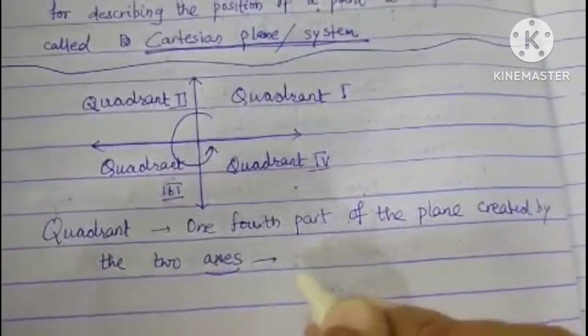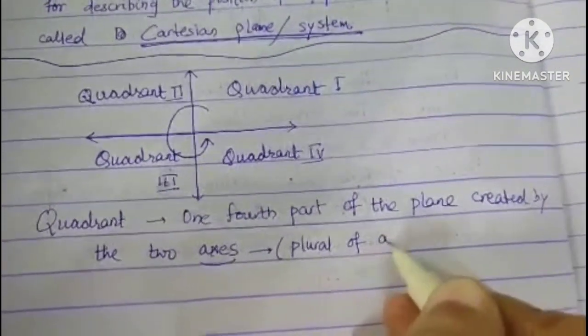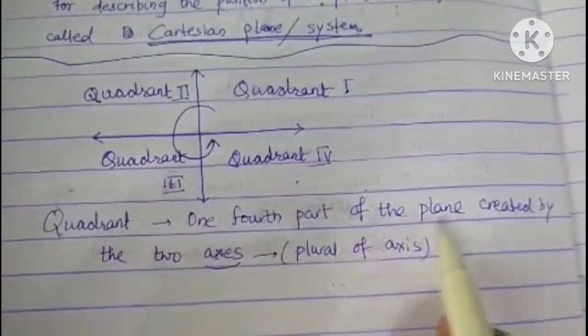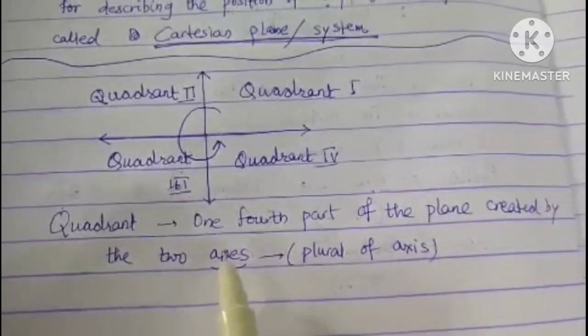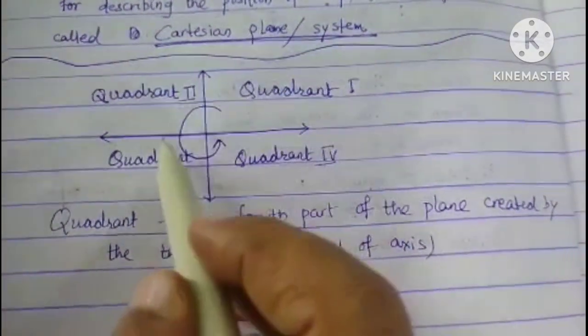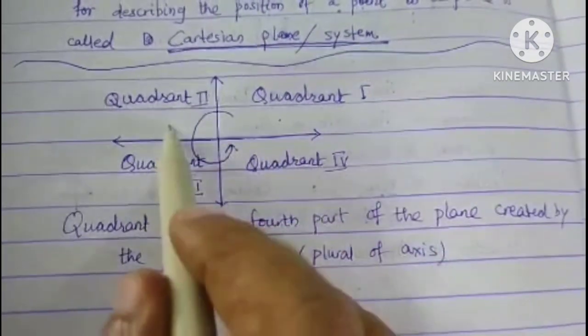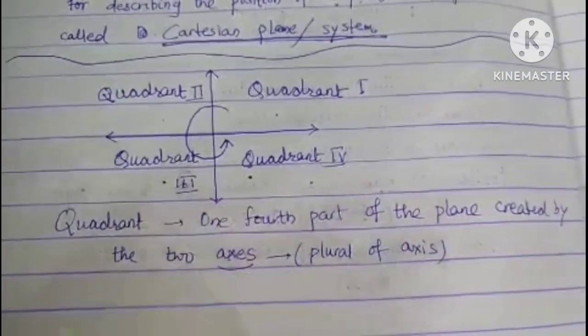Axes is the plural of axis. So these quadrants are created by these two axes. And we move anti-clockwise, and then we describe this is quadrant 1, this is quadrant 2, this is quadrant 3, and this is quadrant 4.